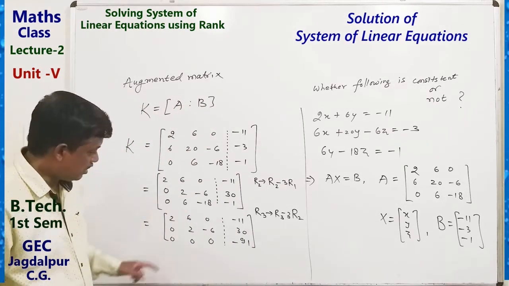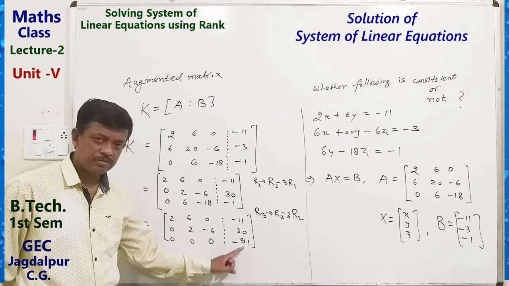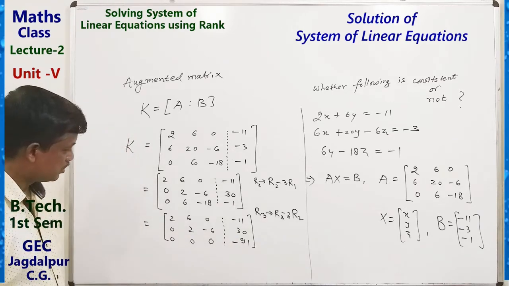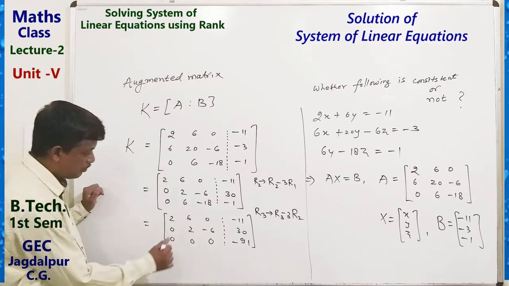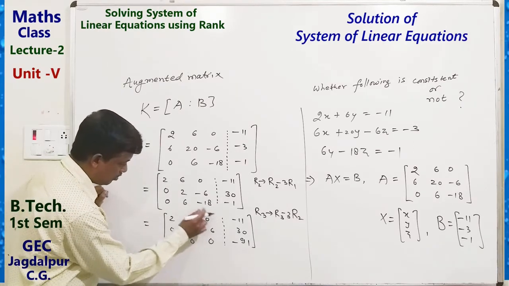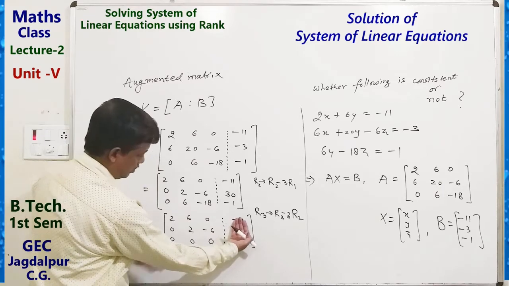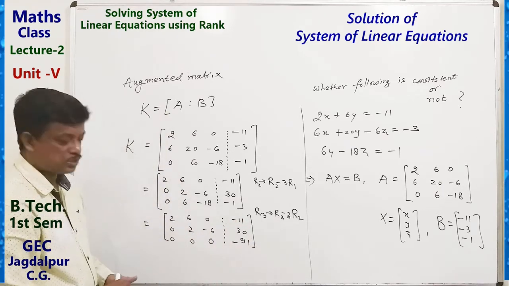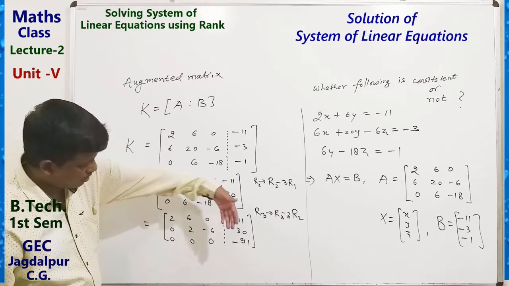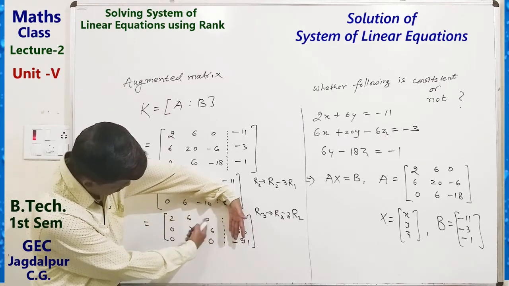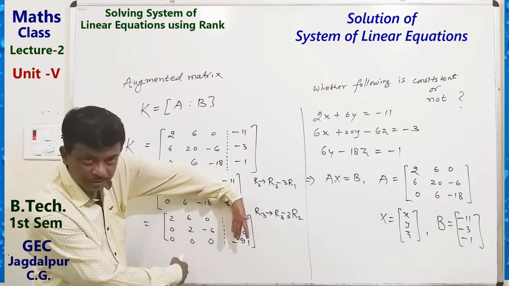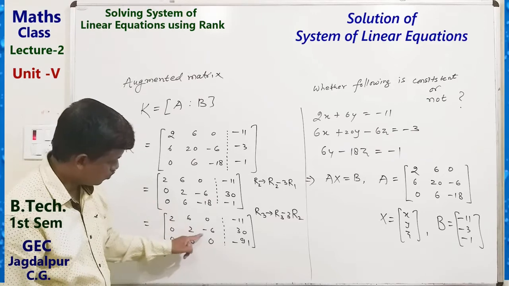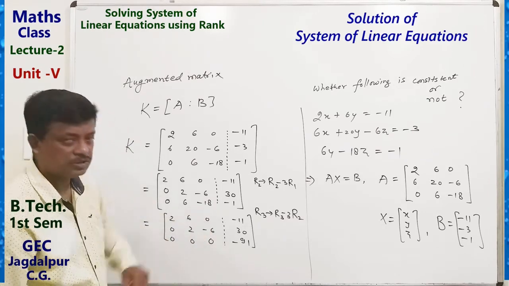Now by using this we cannot completely make it 0 by any operation. So this is the part for A. If we consider only this part, the number of non-zero rows is 2, so the rank of this is 2.